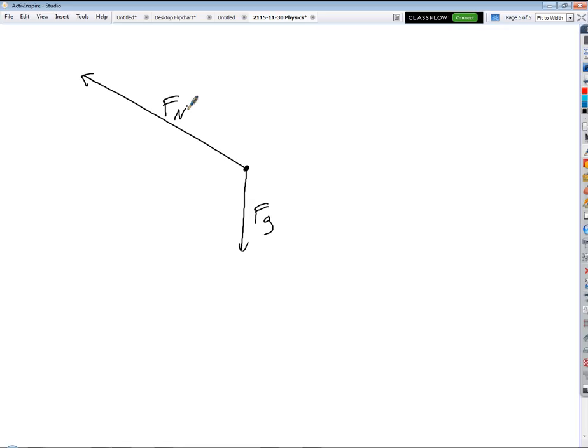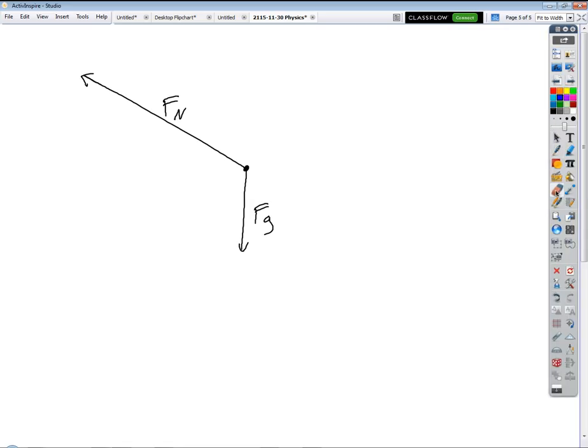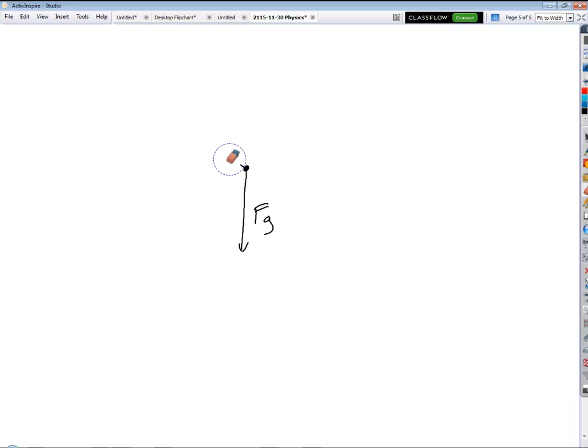No forces? Oh, just gravity. Yeah, that's it. When it leaves my hand, that force goes away. That was the force that was acting from my hand. So once it leaves my hand, the only force acting is gravity, right?